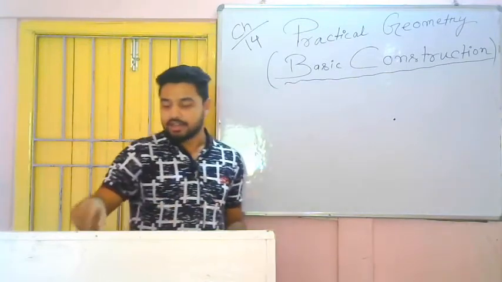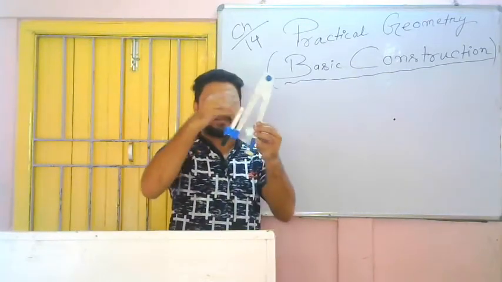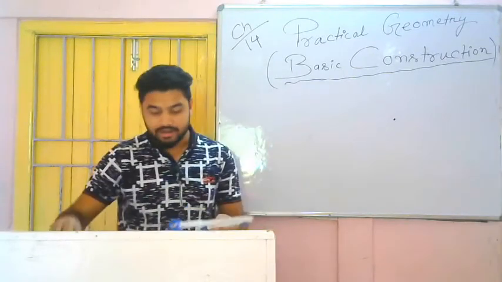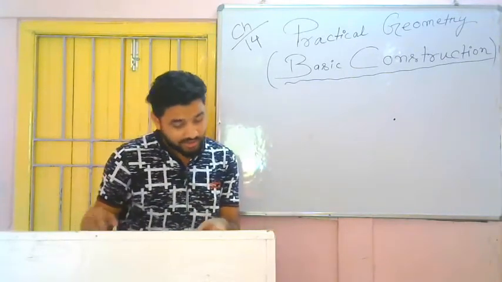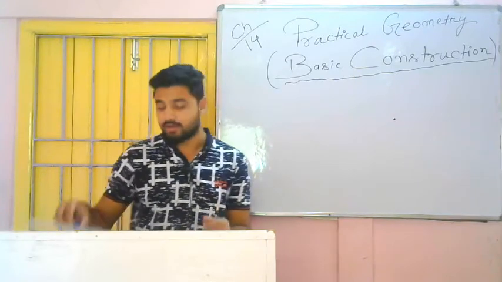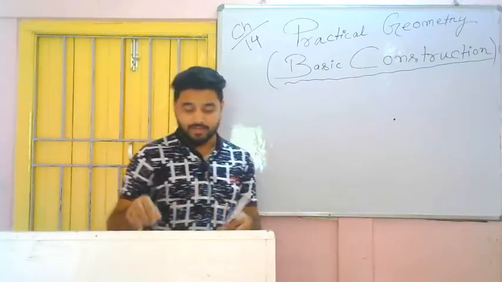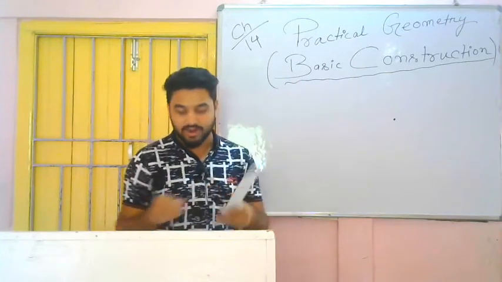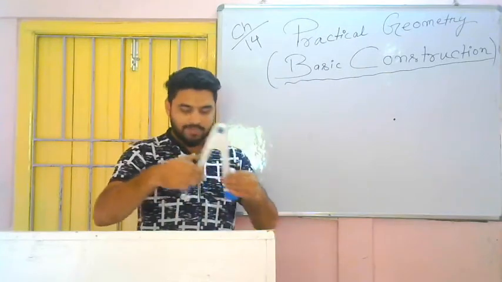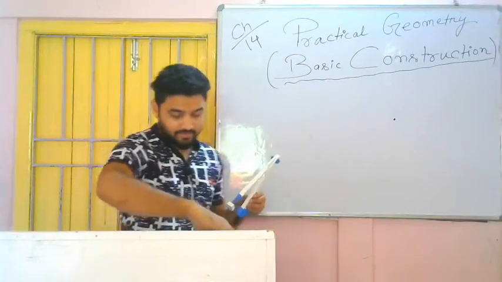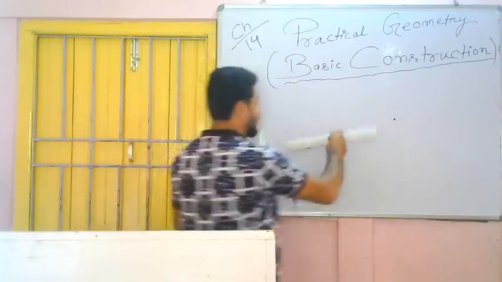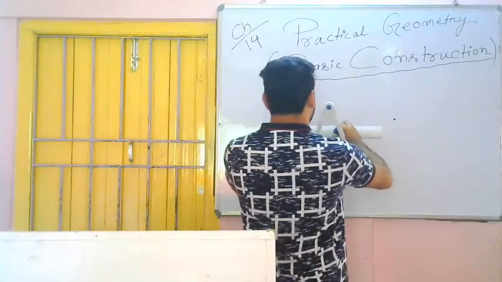After that you take your compass, and take 3.5 centimeter from the ruler, that is, the scale. You put your ruler like this.